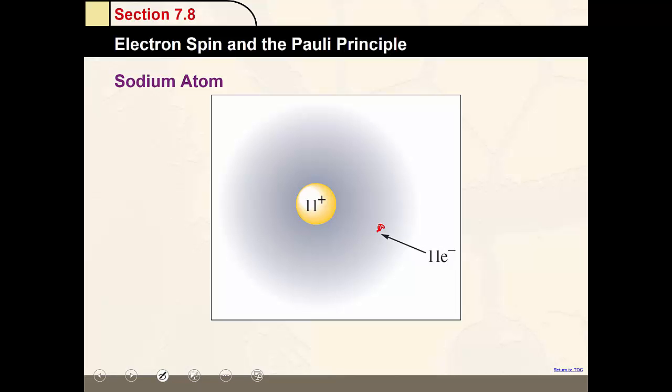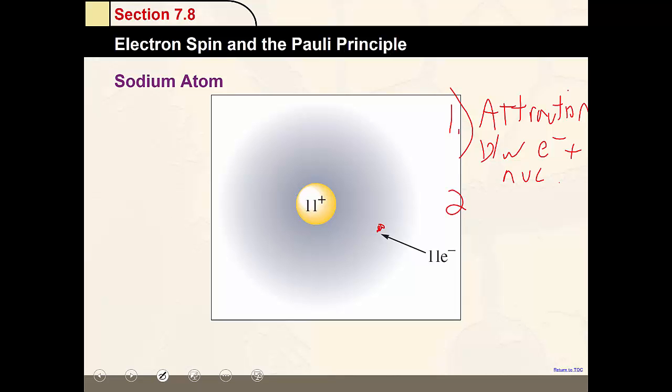There are a couple different energy contributions affecting that one electron. We know the negatively charged electron is attracted to the positively charged nucleus. So the first energy contribution we have to think about is that attraction between the electron and the nucleus.